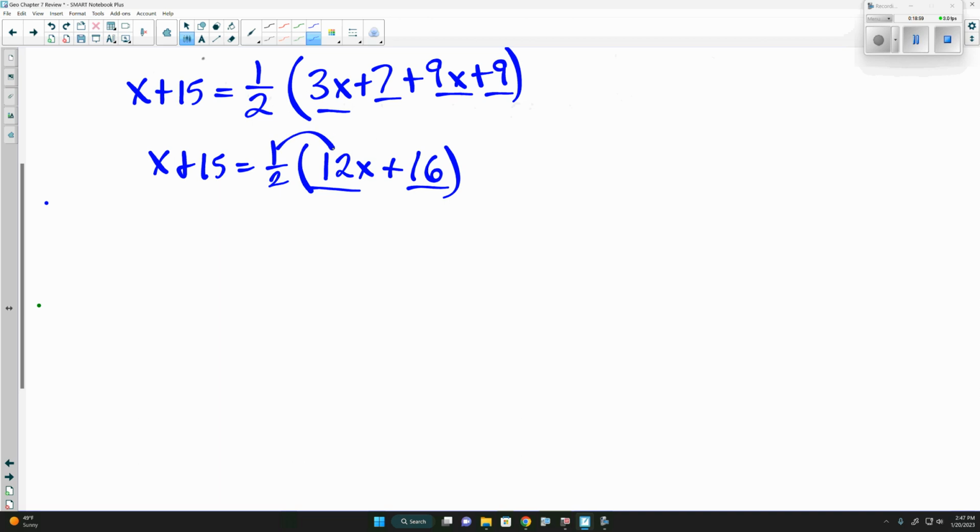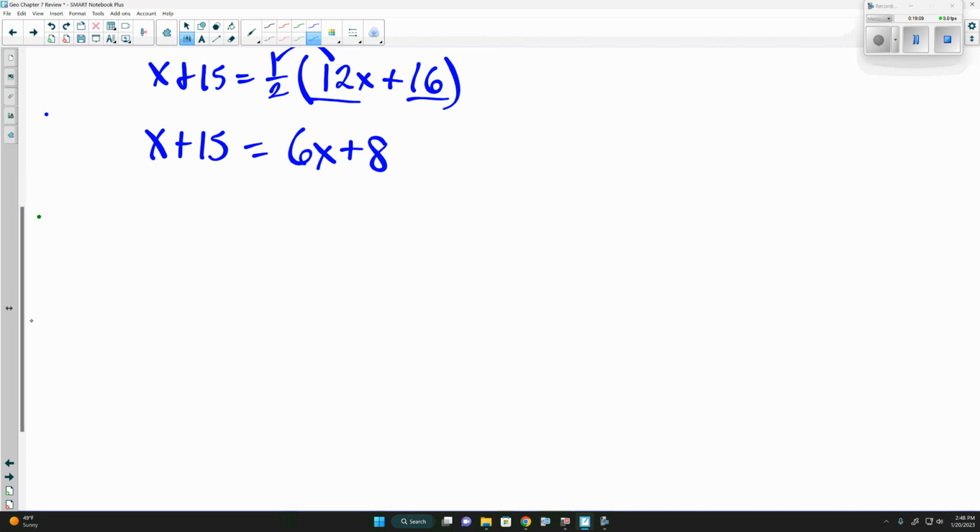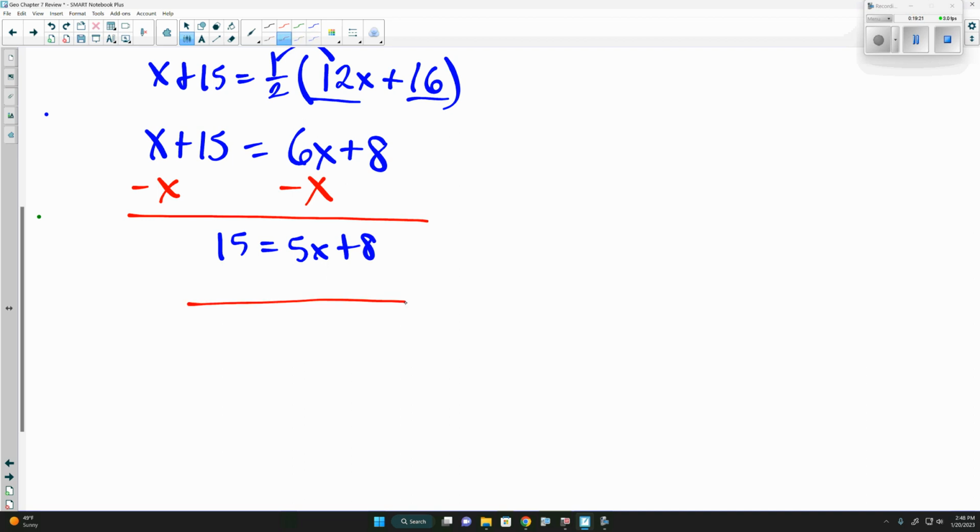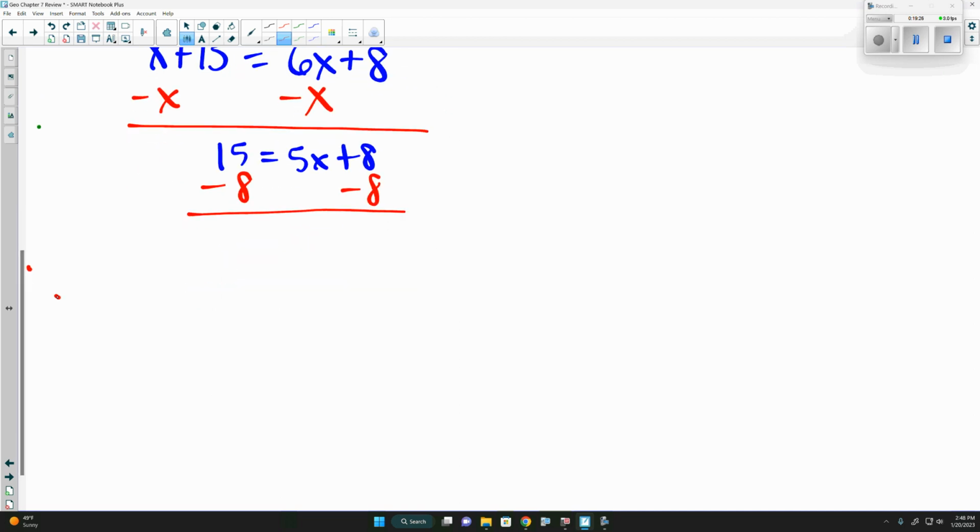So what's 1/2 of 12? So we can subtract x. 15 is equal to 5x plus 8. Minus 8 from both sides. 7 is equal to 5x. Divide both sides by 5.